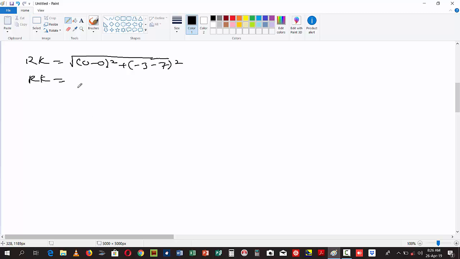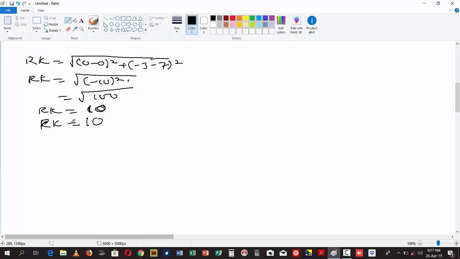RK is equal to the square root of (-10) squared, so this is the square root of 100. Therefore, RK is equal to 10 units.